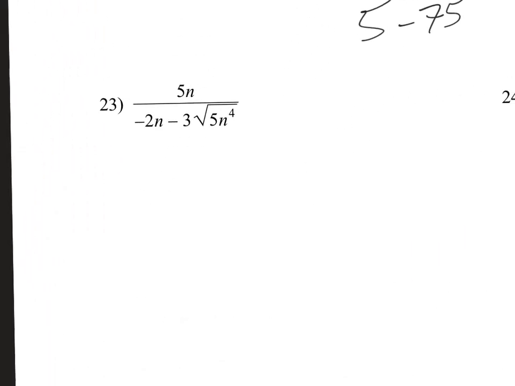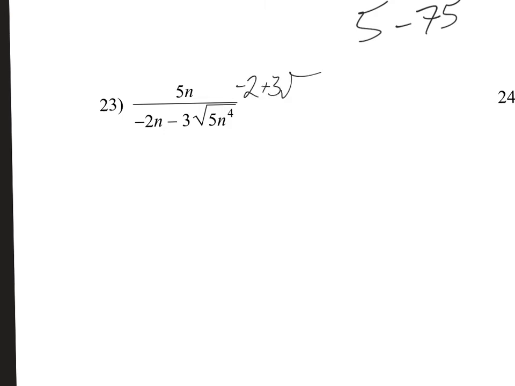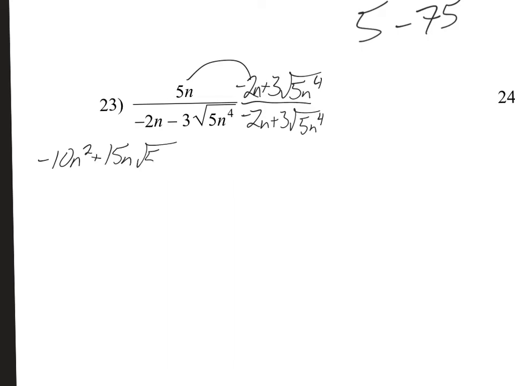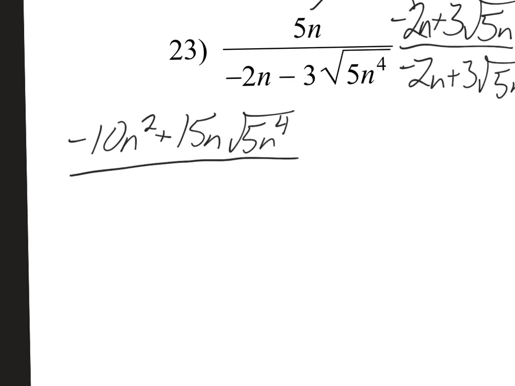Okay, last two. We're going to multiply the top and the bottom by the opposite. So 2n, radical 5n to the 4th, over negative 2n plus 3 radical 5n to the 4th. Okay, so 5 times 2, that's negative 10n squared, plus 15n radical 5n to the 4th, over, okay, this is going to be the long part. 2 times 2, that's 4n squared.